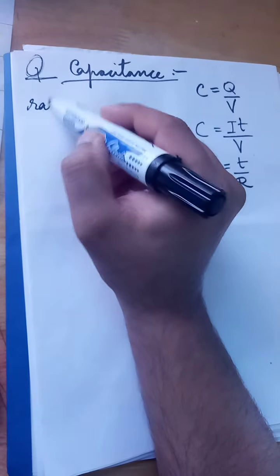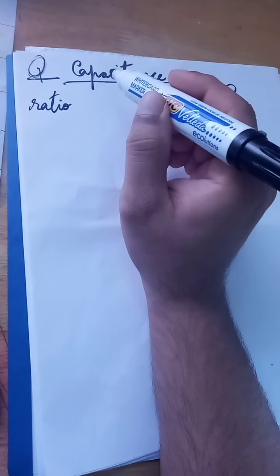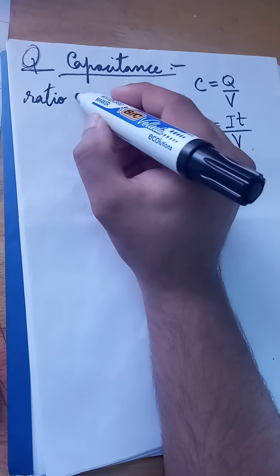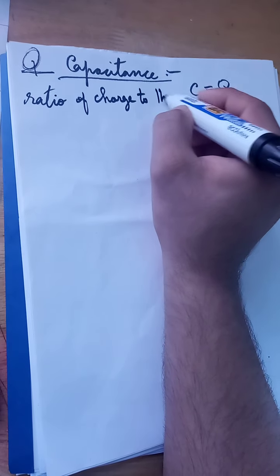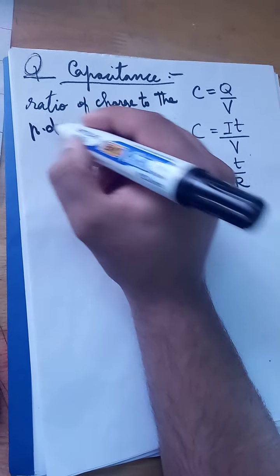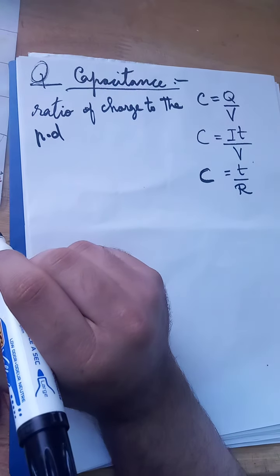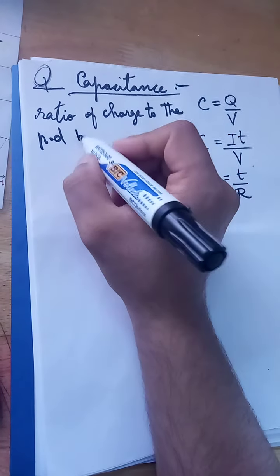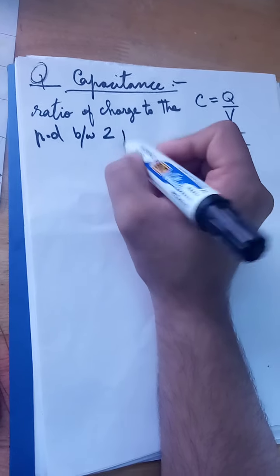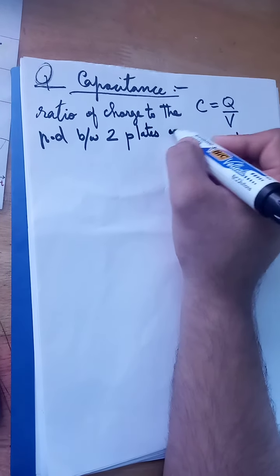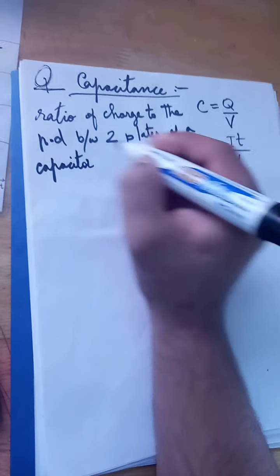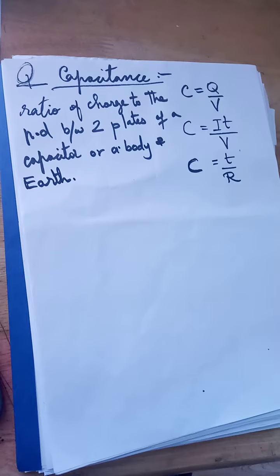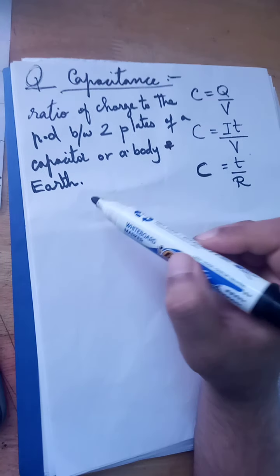A lot of books define capacitance as the ratio of charge to the potential difference between two plates of a capacitor, or a body and an earth.